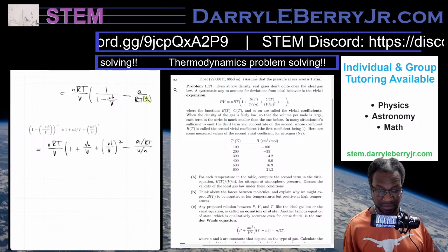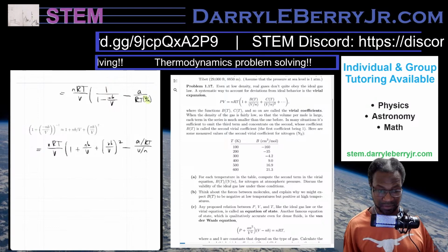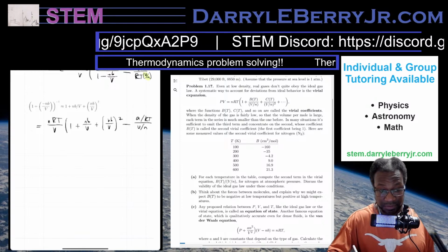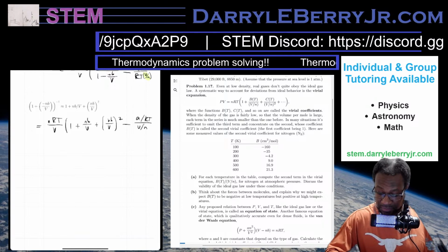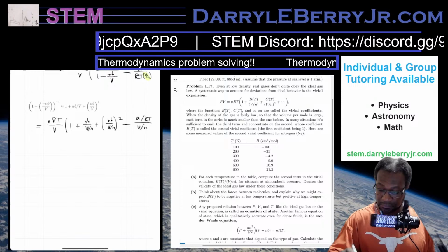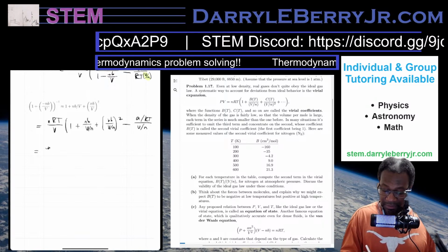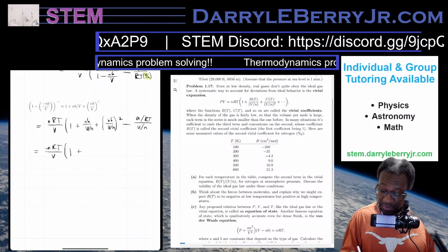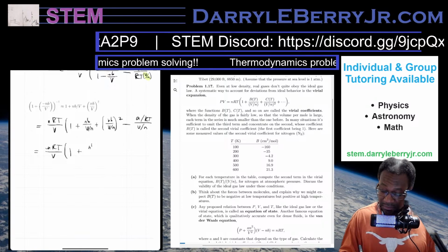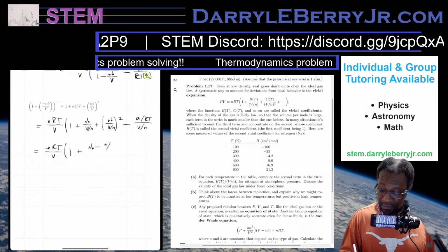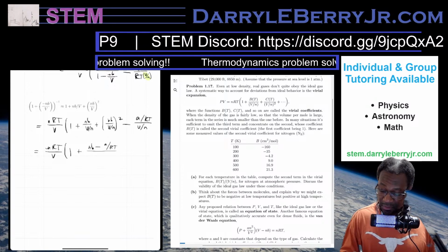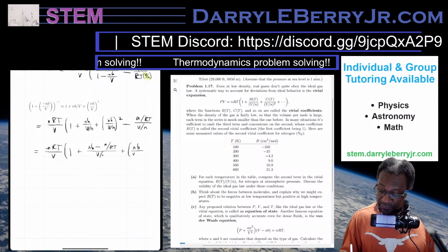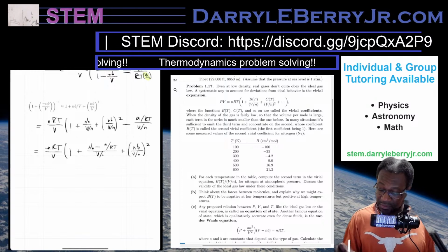And BT is B minus A over RT. Okay. Because, and this is, I wrote this incorrectly. So basically, I can rewrite this as nRT over V, 1 plus NB minus A over RT over Vn plus NB over Vn squared.